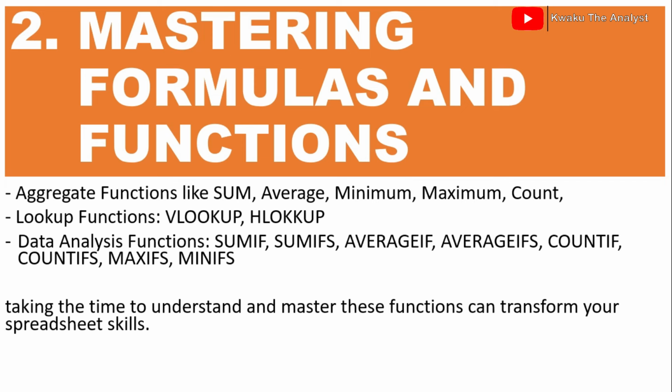So, for example, we have a series of countries or regions, and I want to find the total sales in, let's say, Ghana. Excel will pick all appearances of Ghana under the country column and perform a sum calculation on it.